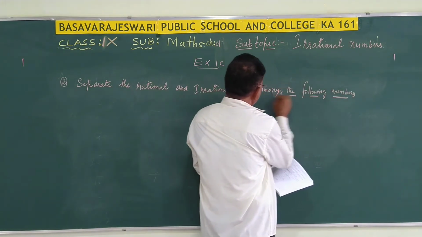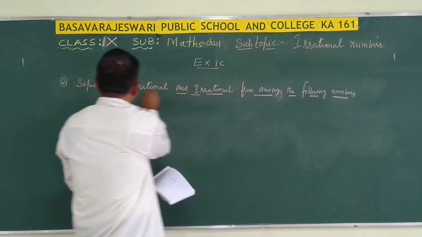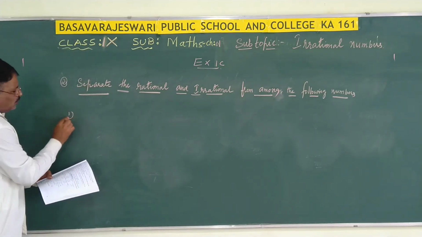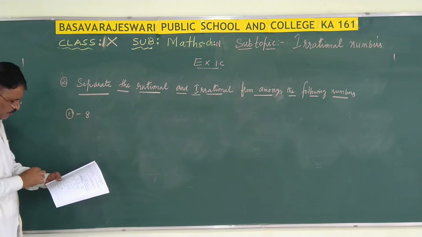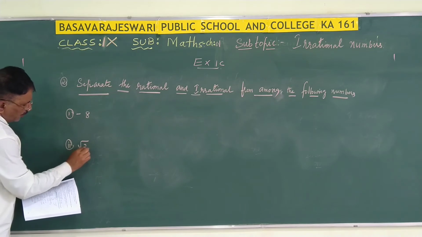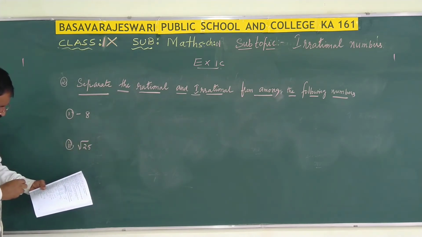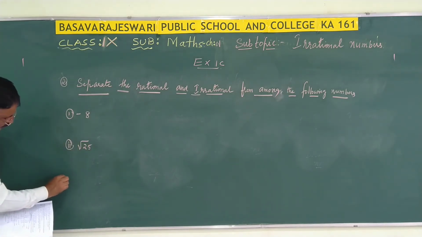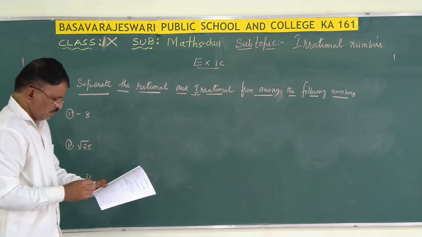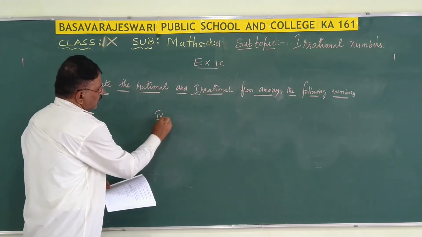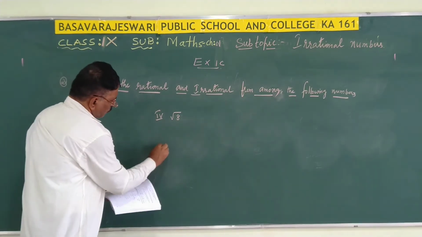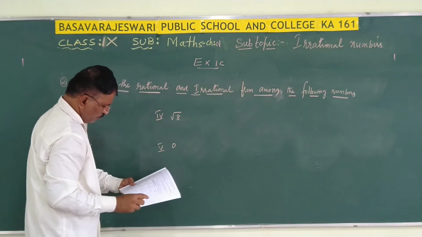I think I'm supposed to give all the values. So in that, the first question is -8. The second question is root 25. Third question is -3 by 5. Fourth question is root 8. Fifth question is 0.